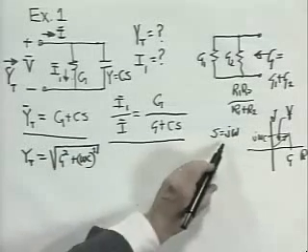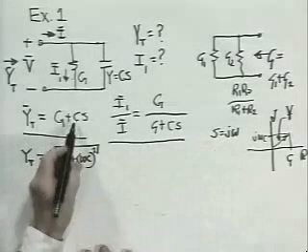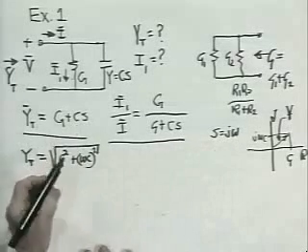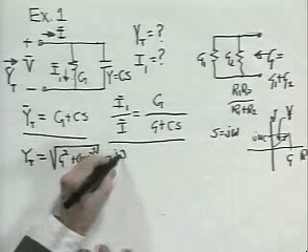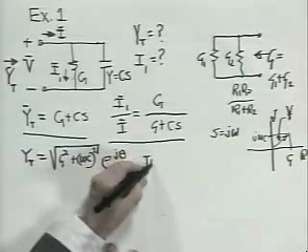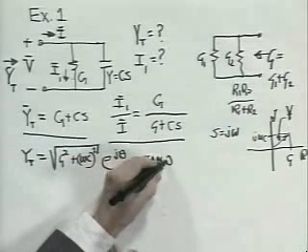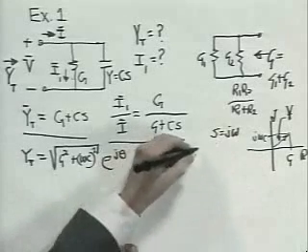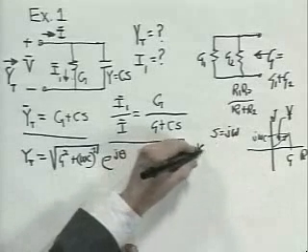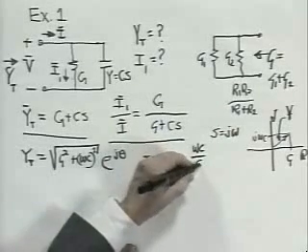See, I've substituted S equals j omega. The imaginary part is omega C, squared, at an angle e to the j theta, where the tangent of theta is equal to the magnitude of the imaginary part, omega C, over G, the real part.